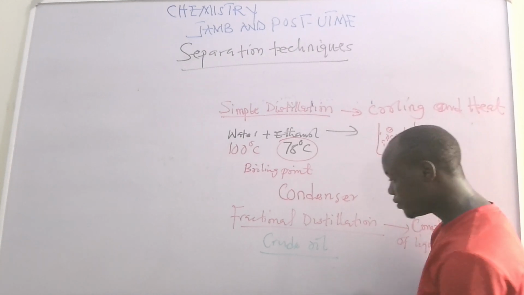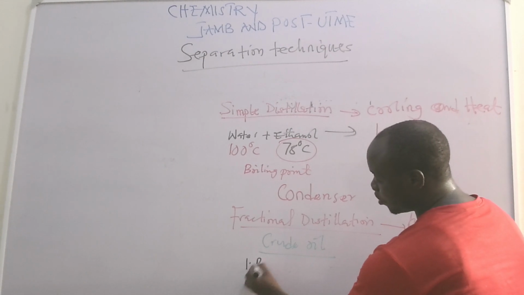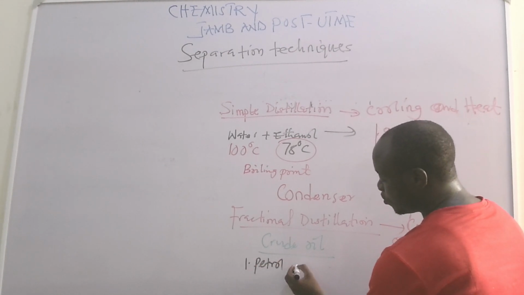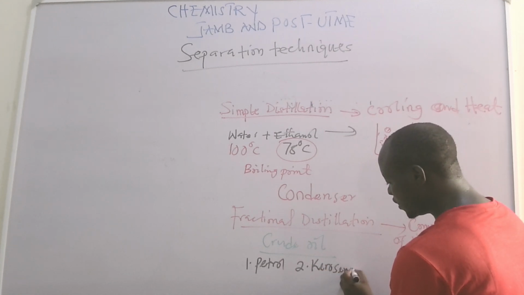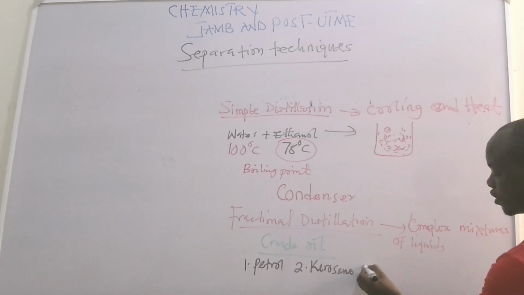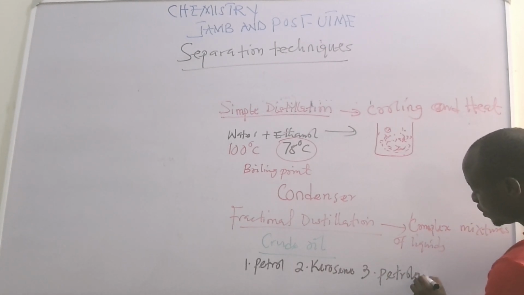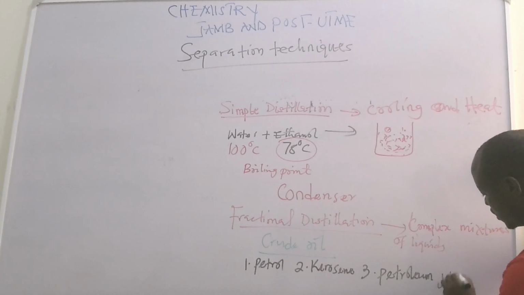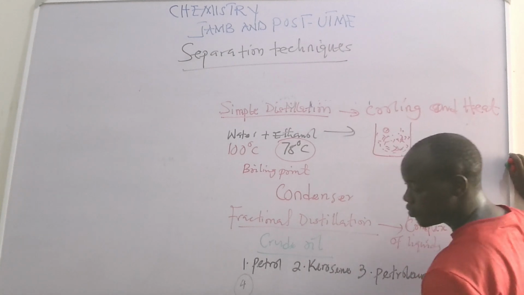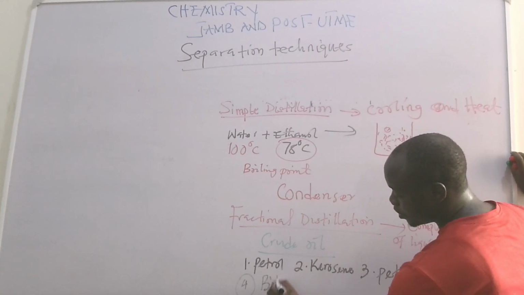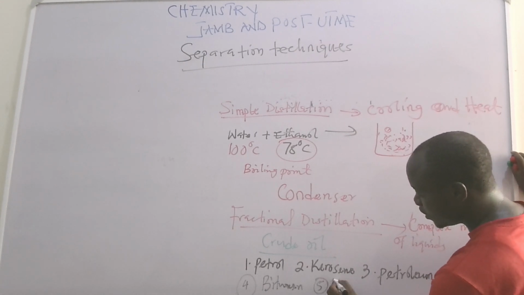For example, in crude oil, we have petrol, kerosene, petroleum jelly, bitumen, and diesel.